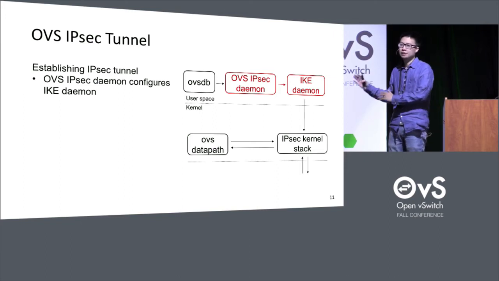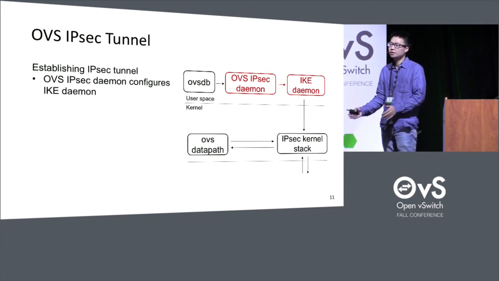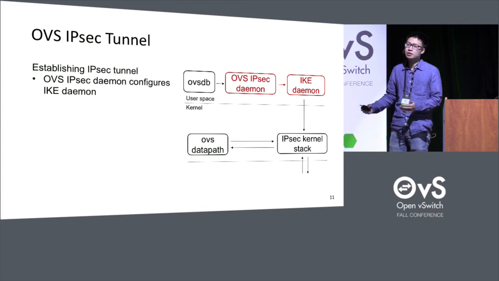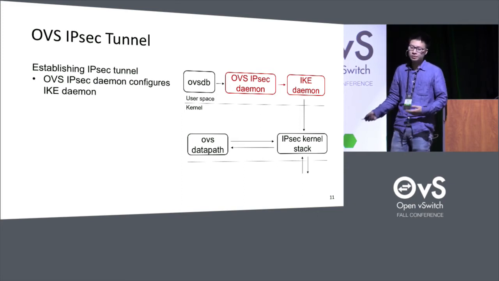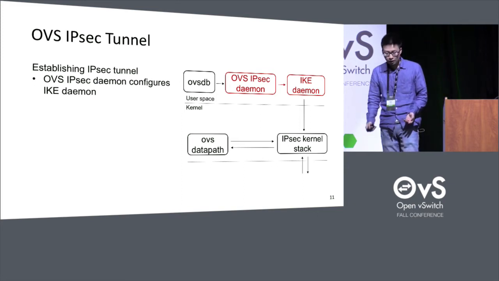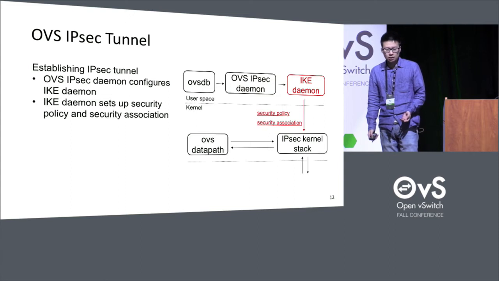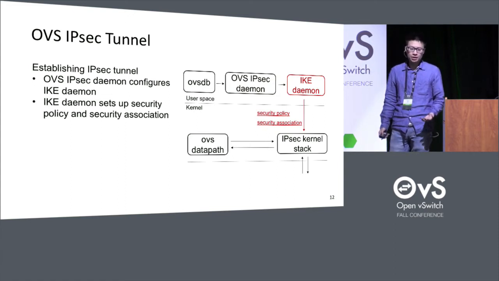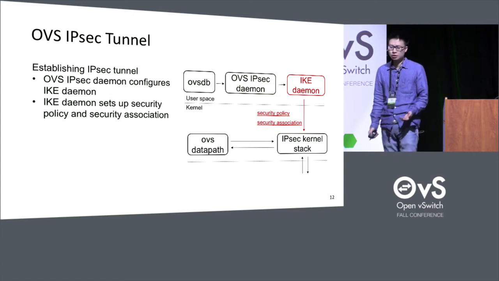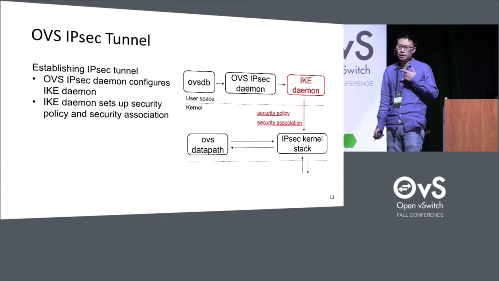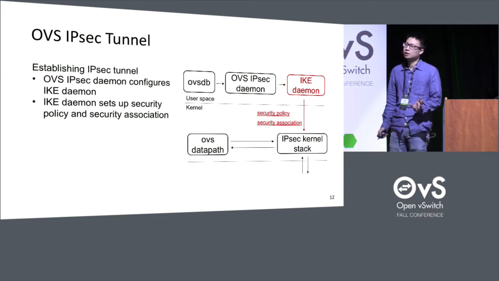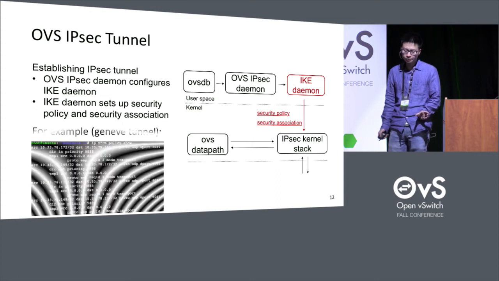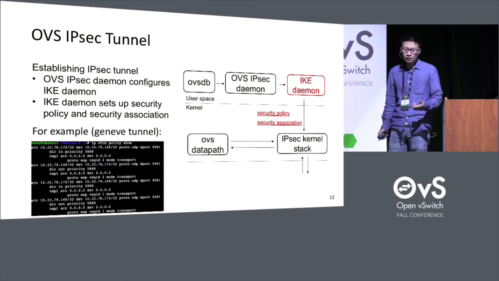It configures the IKE daemon by using the configuration file of the corresponding IKE daemon. Then the IKE daemon sets up a security policy and the security association, and installs those to the IPSEC kernel stack.